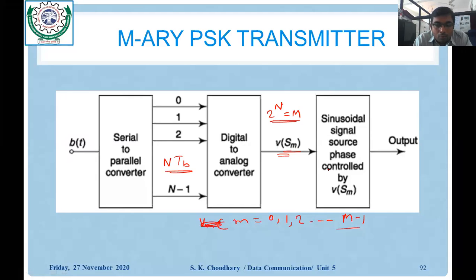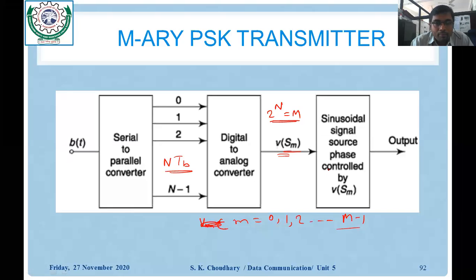Now the output of this block is a fixed amplitude sinusoidal waveform, whose phase has a 1 to 1 correspondence to the assembled n bit symbol, and the phase can be changed only once per symbol time, TS or NTB, whatever.